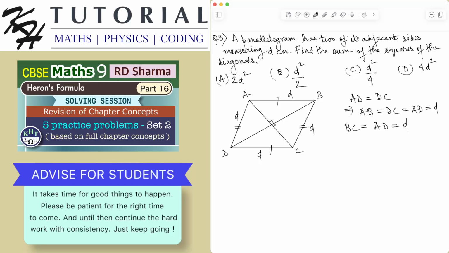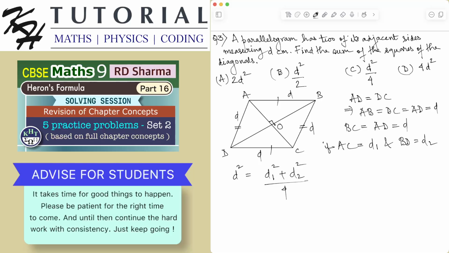If the length of the diagonal AC is d1, and the length of the diagonal BD is d2, then you must always remember this formula: the square of the length of each side, d square, will be equal to the sum of the squares of the diagonals, d1 square plus d2 square, divided by 4. Now how is this coming? This is coming from the Pythagoras theorem.